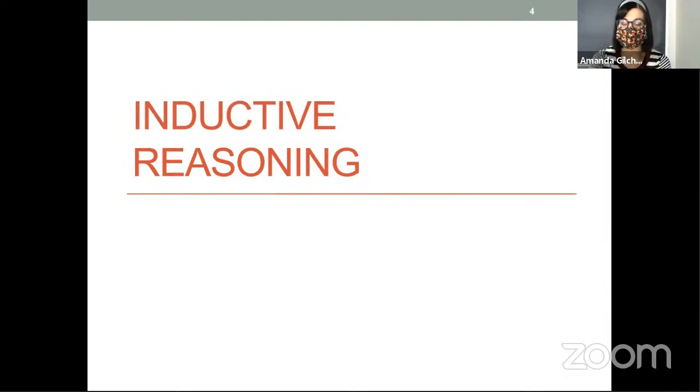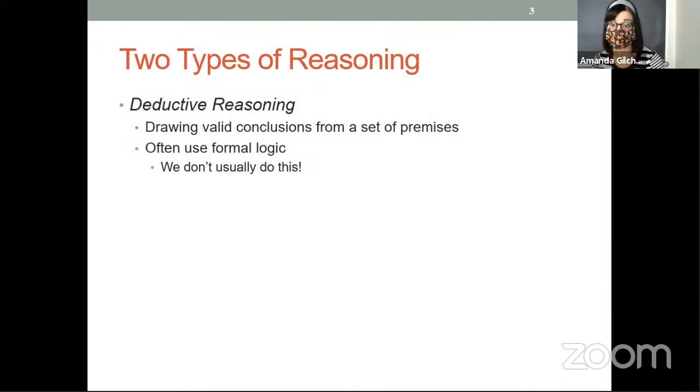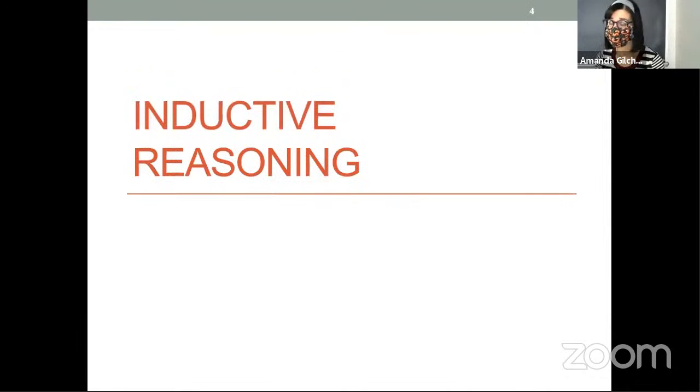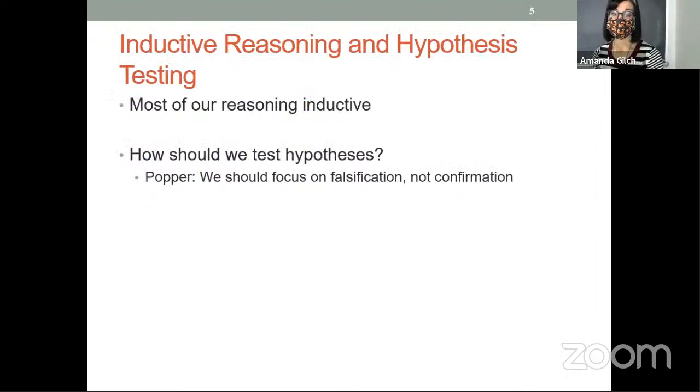So we are going to talk a little bit more about this later, but we're also going to spend a lot of time talking about inductive reasoning first. Inductive reasoning is very different from deductive reasoning. Deductive reasoning starts with premises and ends with a conclusion drawn from those premises.